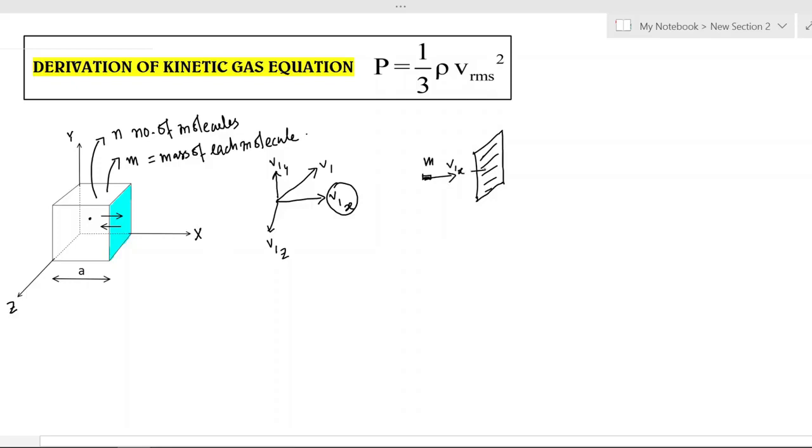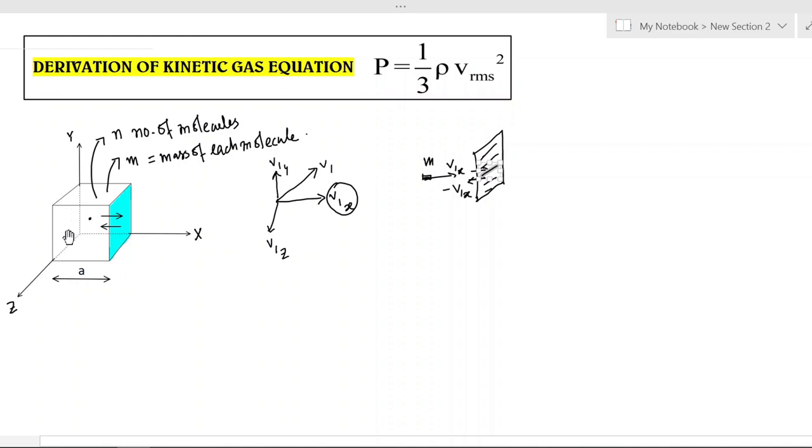It is colliding here, and it is bouncing back in this direction with velocity minus v1x, right? After the elastic collision on this surface, the molecule is rebounding with velocity minus v1x.